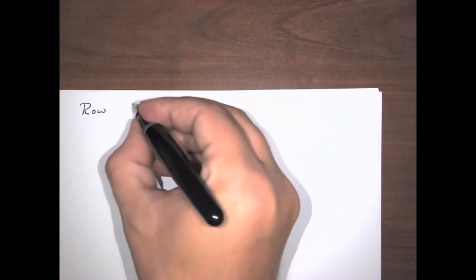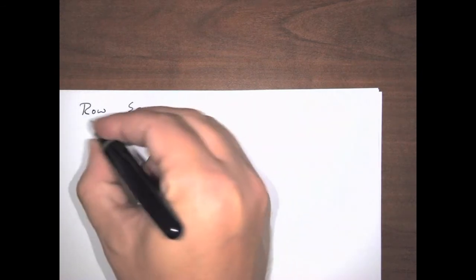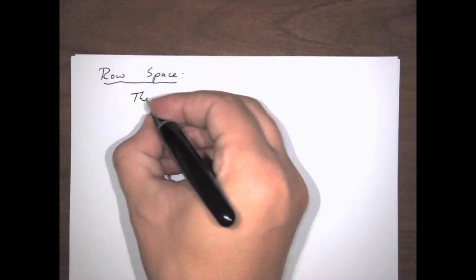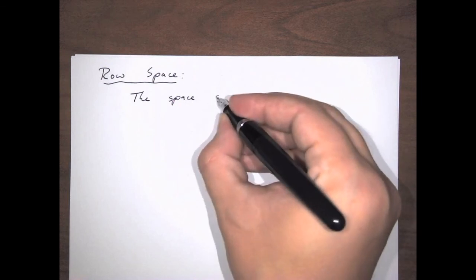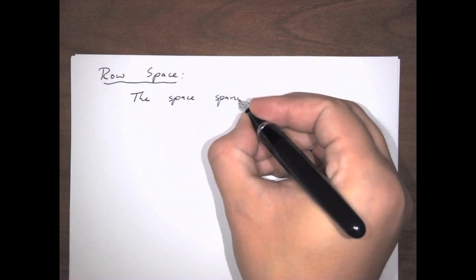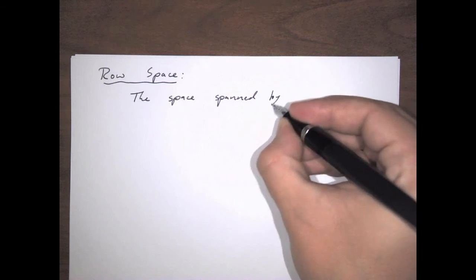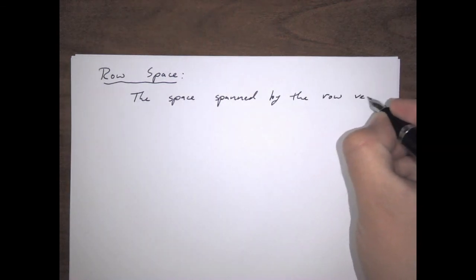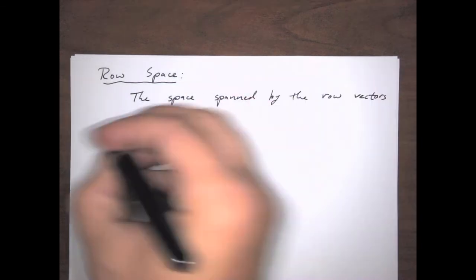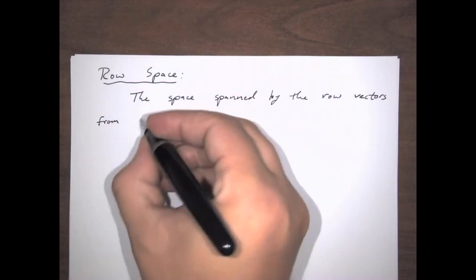So if we have a matrix A, the rows can also be a vector space, and we would typically write those as row vectors. So this is the space spanned by the row vectors from the rows of A.